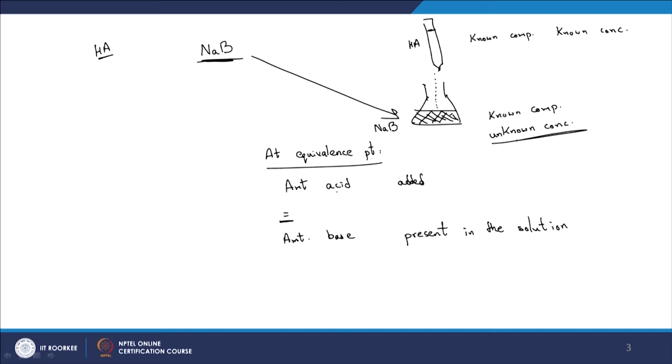The key is equivalent. And because you know the concentration of the acid that you are titrating with, you can calculate the concentration of the base present in the conical flask. So again, the key is that it is equivalent amounts, right?